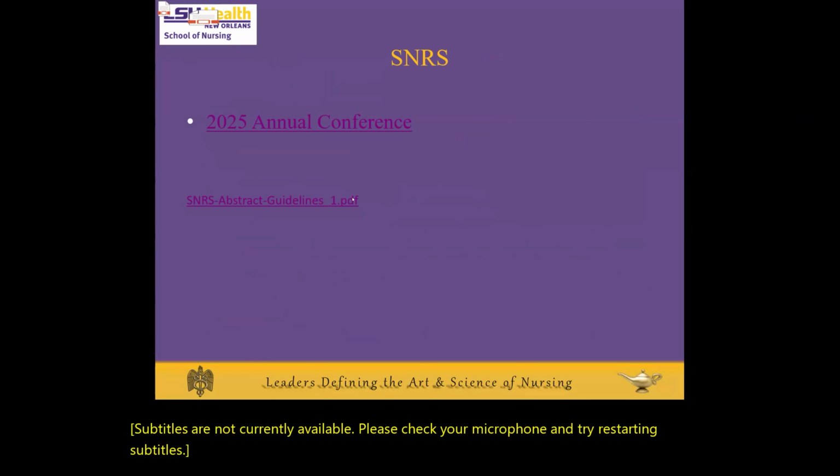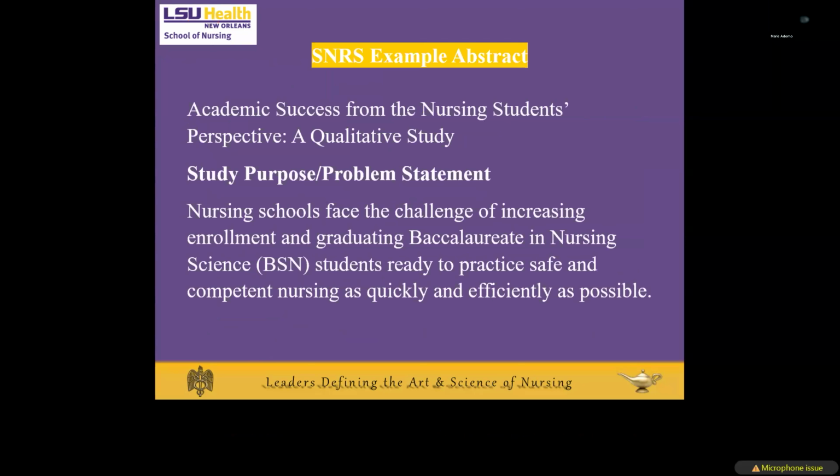Yes. Okay, so that was going through the annual conference and the guidelines. The only other thing, just to give you an example, this was a previous submission that I had made to the SNRN conference a couple of years ago for a qualitative study. And again, it was following those guidelines that I had just showed you. If they specifically ask what is the study purpose and problem statement, you're being concise and as efficient as possible with that.